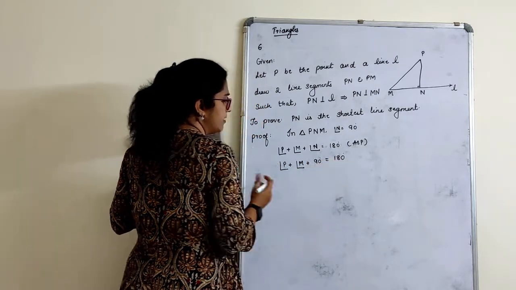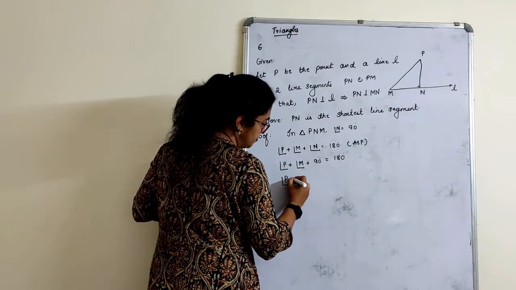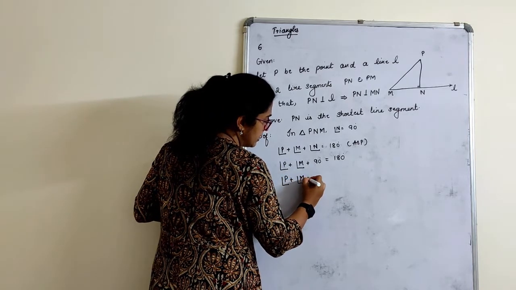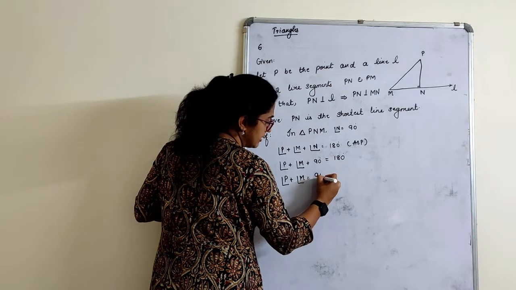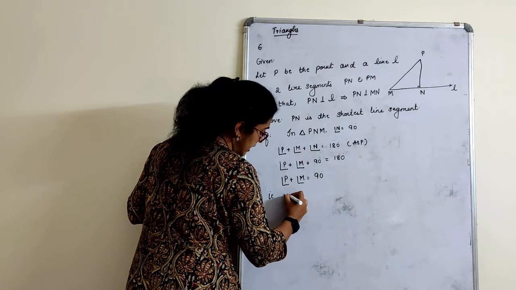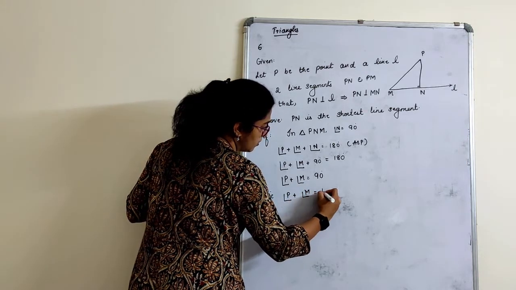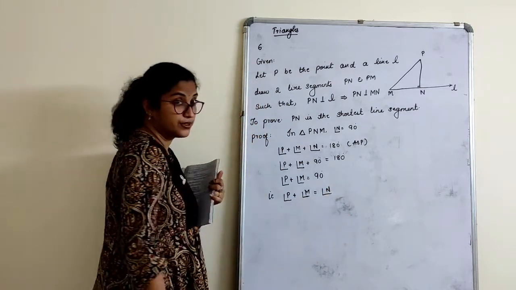Did you recall? The first sum we had done in a similar way. Now I will write this as angle P plus angle M is equal to 180 minus 90, which is 90, right? That is angle P plus angle M is equal to angle N, right?